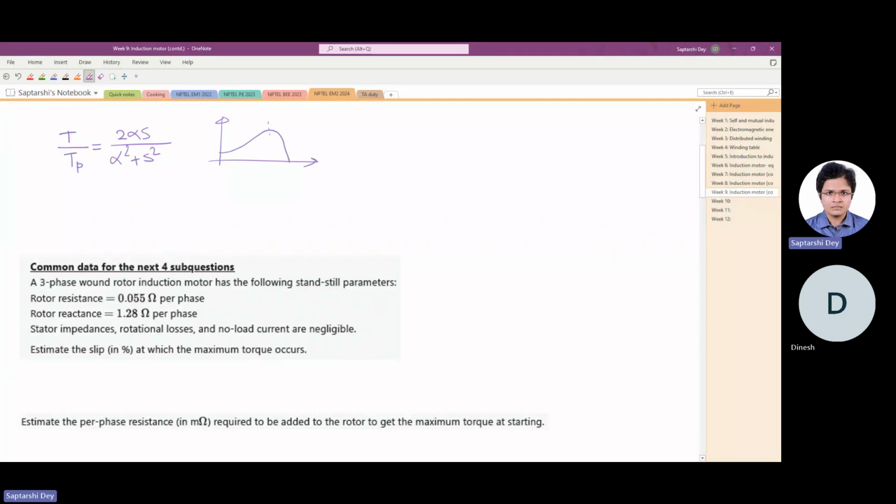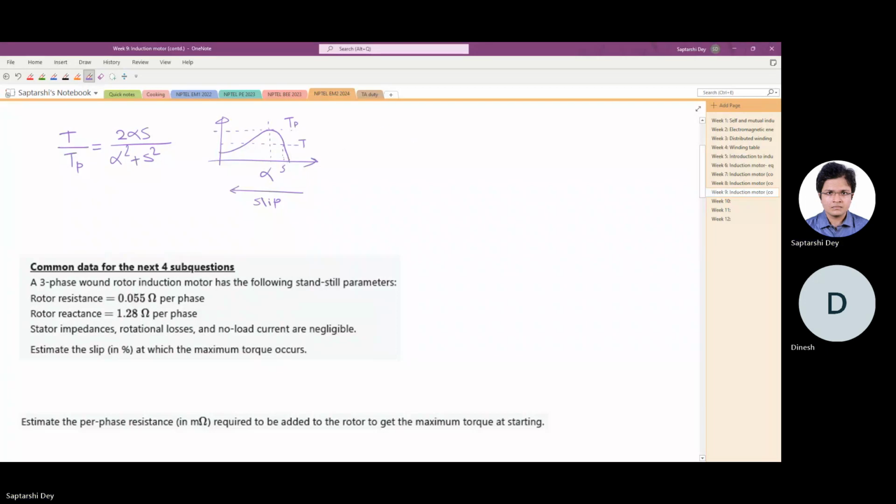So this is alpha, this is slip, this is peak torque, and if this is some other general value of torque T, then this is S. This S can be anywhere on the plot.